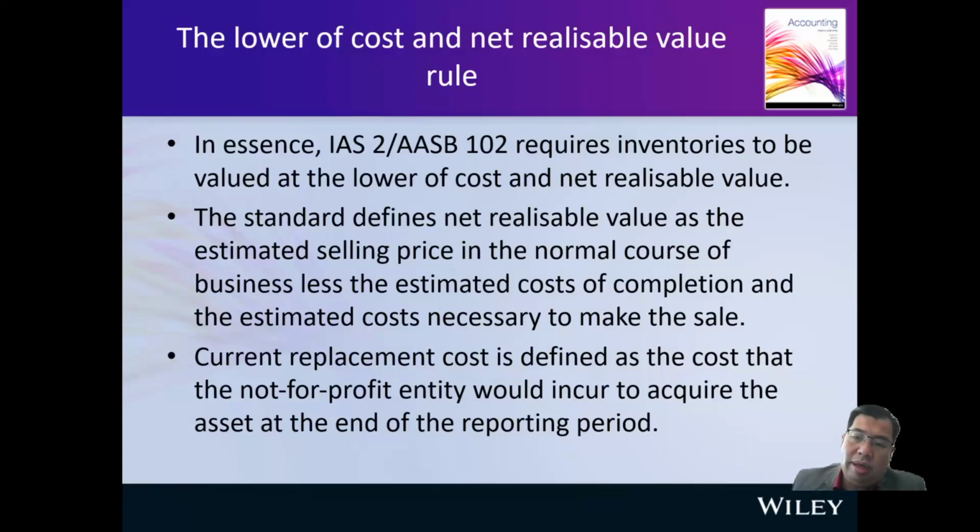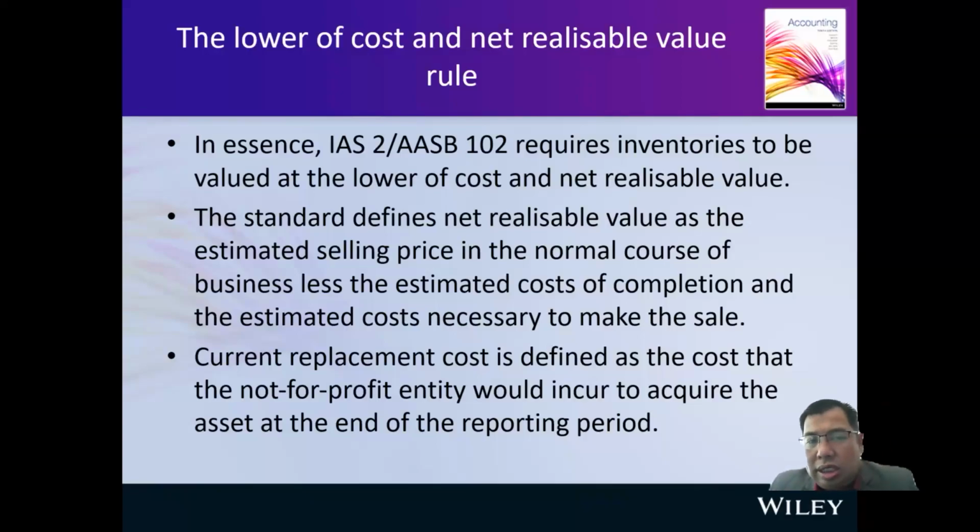For example, if you have this phone, this is the old phone. It might cost maybe 1,500 dirham 4 years ago, and then because you are not able to sell the item, now the value is only 500 dirham. So you have two values there. Are you going to record 1,500 or the net realizable value of 500 dirham?